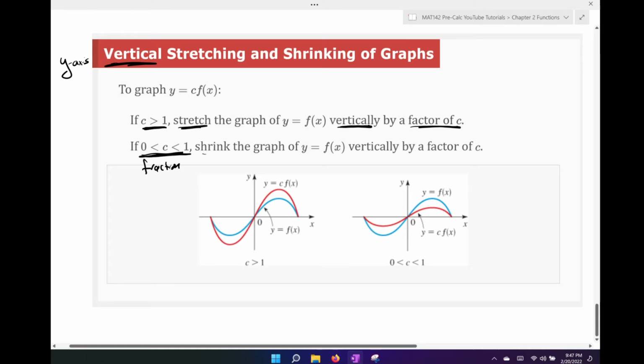Then we're going to shrink vertically by a factor of C. So what I think the best thing to do here in this example is to just do points, all right? And then later I'll graph it, okay?